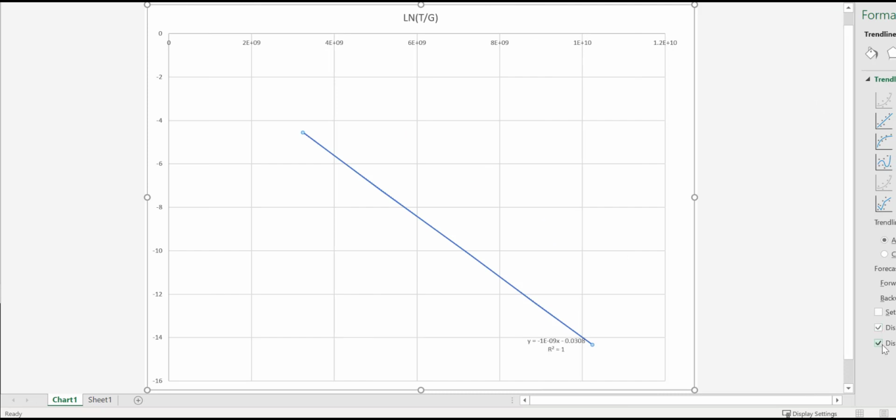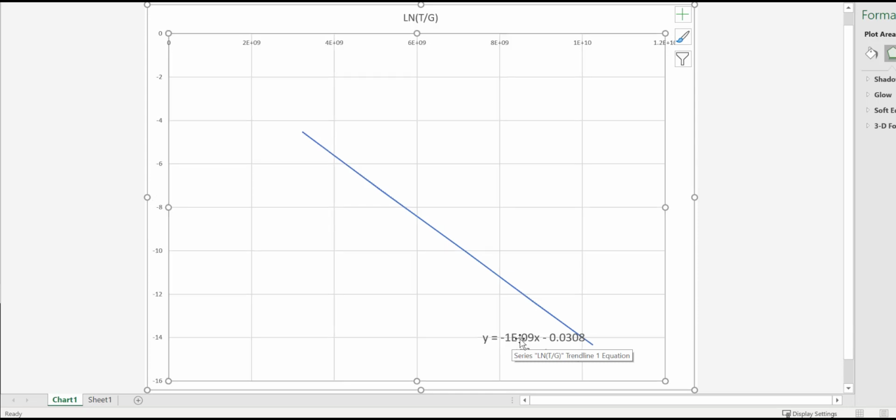In this case the slope, which we will need in here, is negative as expected, and it's 1 times 10 to the negative 9, and that is actually L over 2. So it's of the order of a nanometer, exactly how we're supposed to have it.